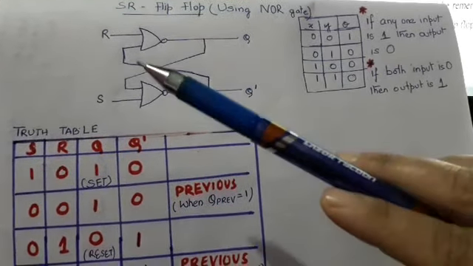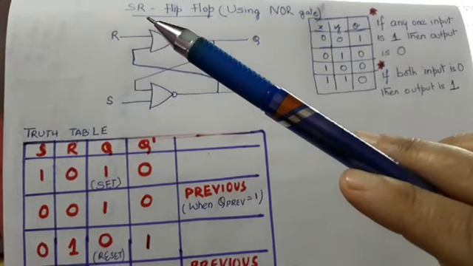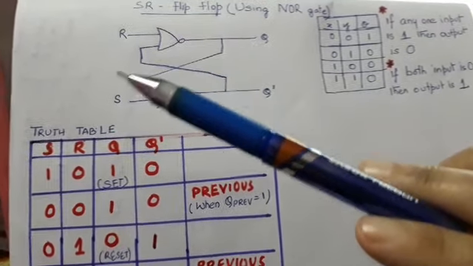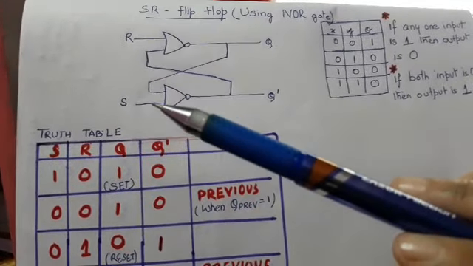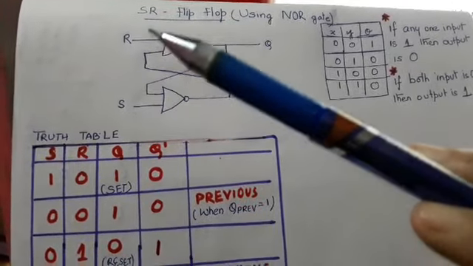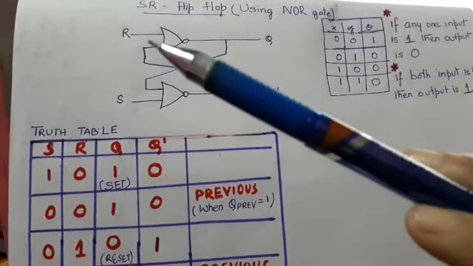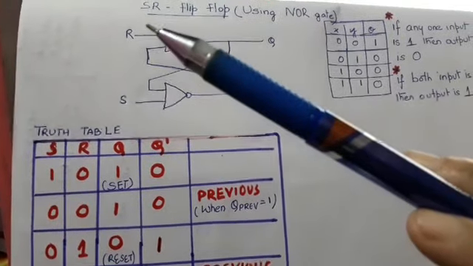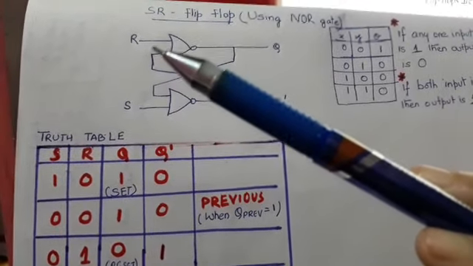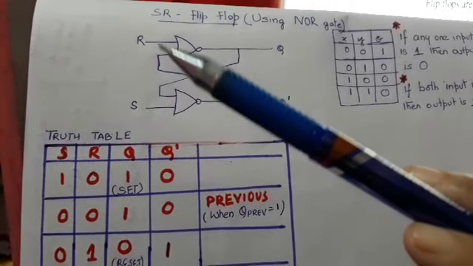Here you can see two NOR gates are there, and because it is an SR flip-flop, what does SR mean here? These are the two inputs. R stands for reset and S stands for set. I have given notes on set and reset, so please go through the notes. For the timing, you understand that set is setting the value to 1 and reset is making it 0.